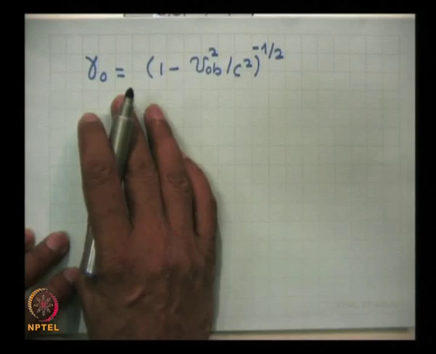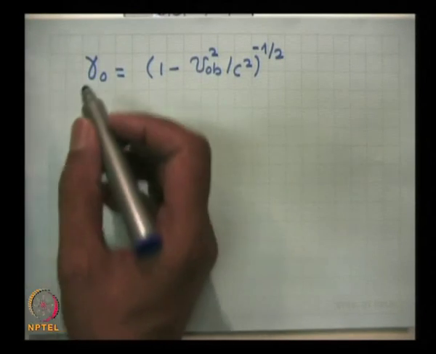And when we substitute this in that expansion, then what does my gamma v become? Let us see.